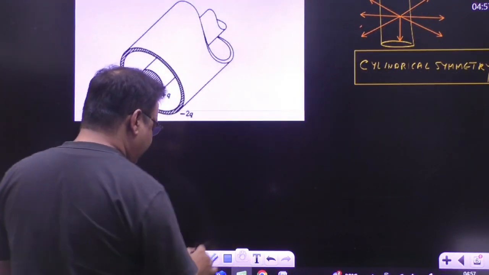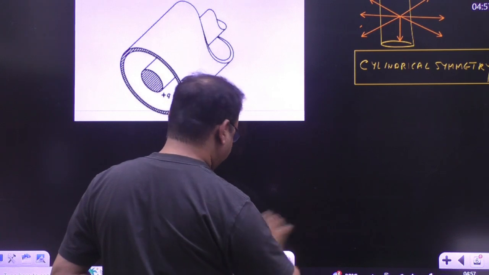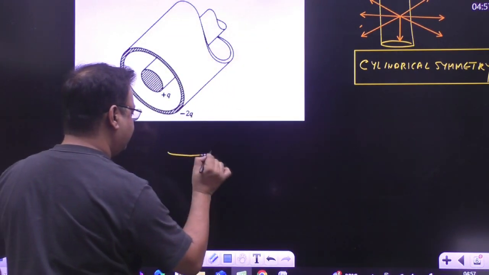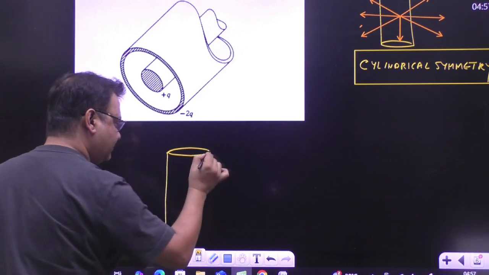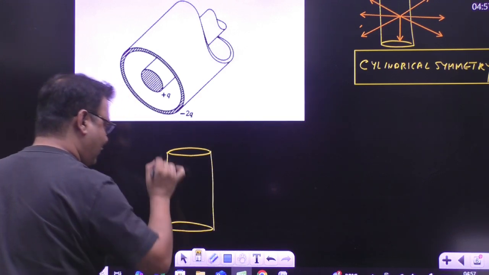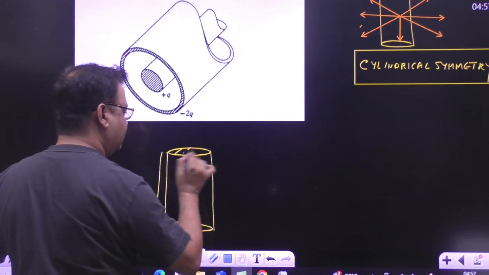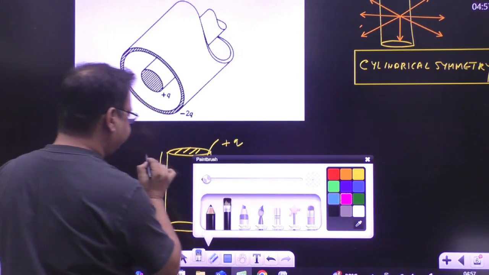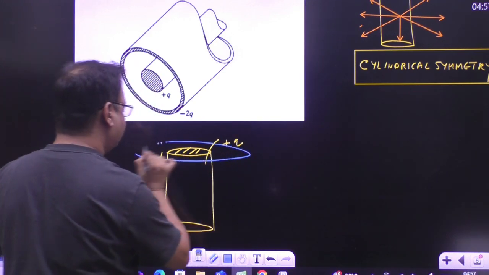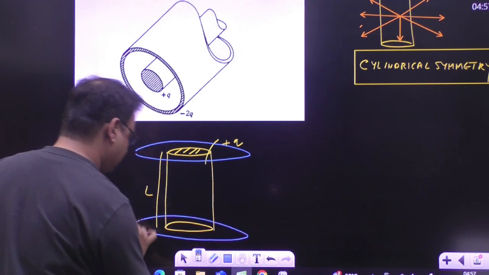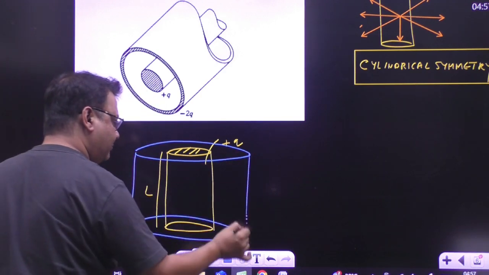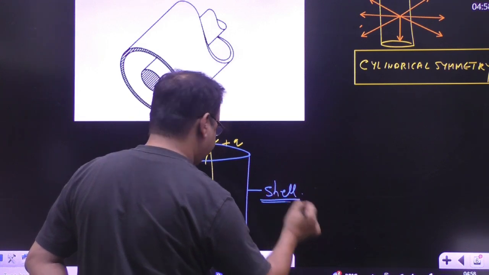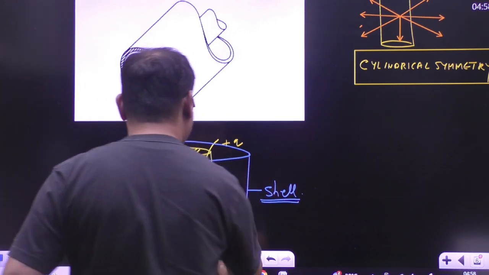So basically there is one inner cylinder, a conducting inner cylinder. If I make the inner conducting cylinder something like this, of length L, it has a total charge of plus Q. And then I have an outer shell of the same length, a very thin envelope that is called a cylindrical shell, with a charge of how much?